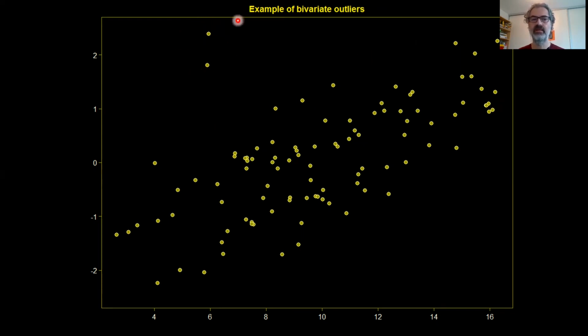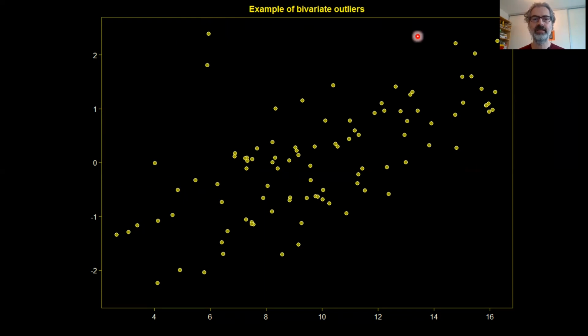They stick out. This is what we call bivariate outliers. So they're outliers because they lie outside the distribution, but they're only bivariate outliers. They don't lie beyond the distribution on one of the variables. They lie outside the common distribution of the two variables as we see it here in the scatter plot.